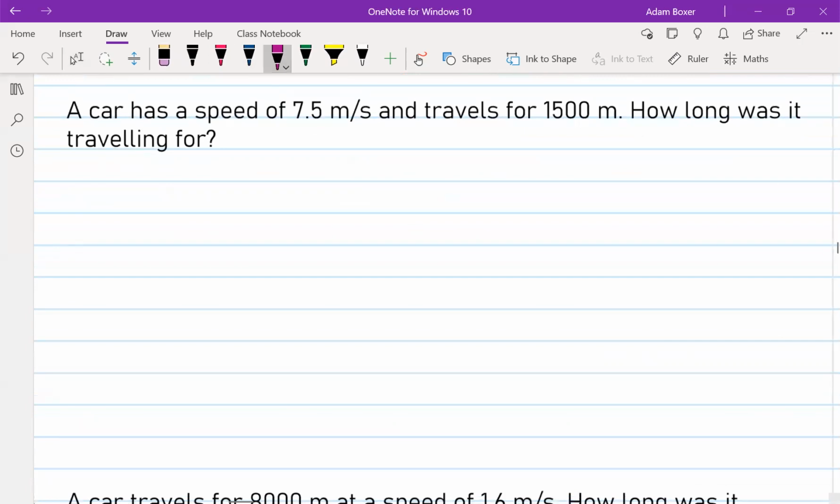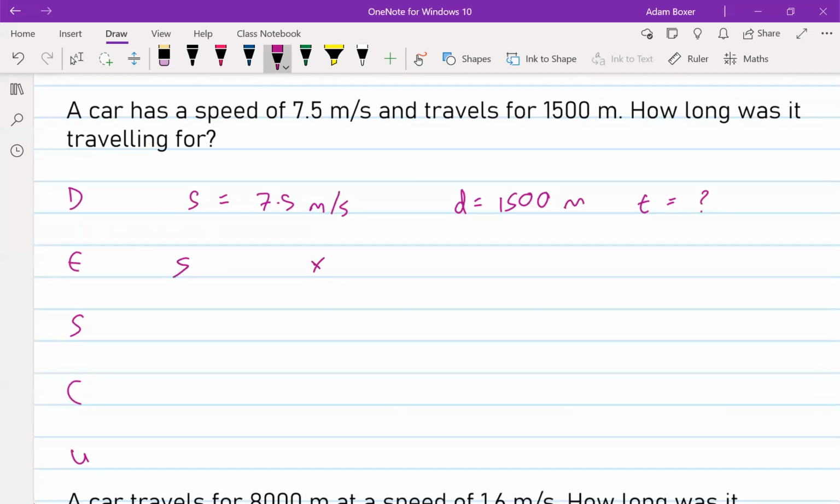Okay, so you should now have your purple pen. Let's go for it. DESQ. Speed equals 7.5 meters per second. Distance is 1,500 meters. Time is currently unknown.